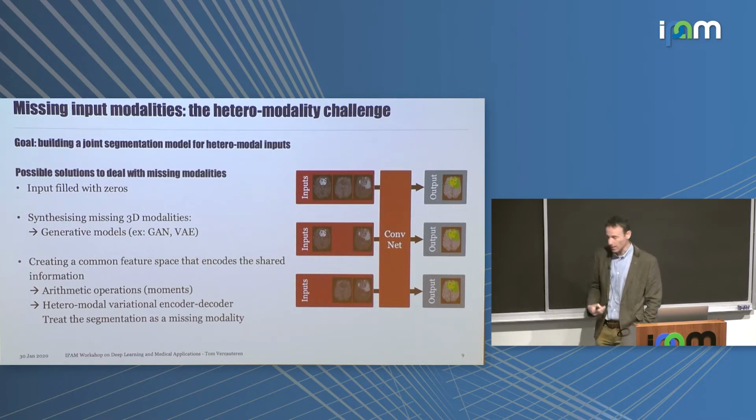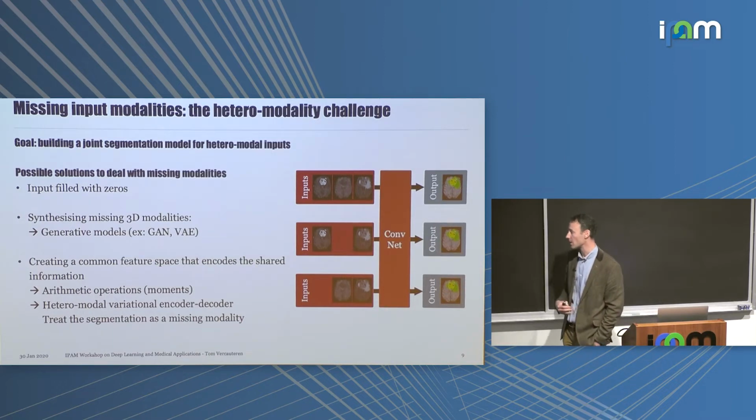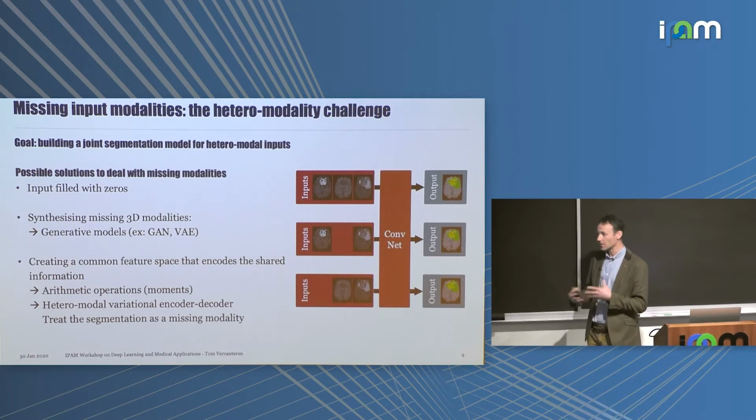What we took as a starting point is that, a bit similar to what Ender was presenting before, we decided that maybe creating a common feature space to explain all these images together would be a good idea.